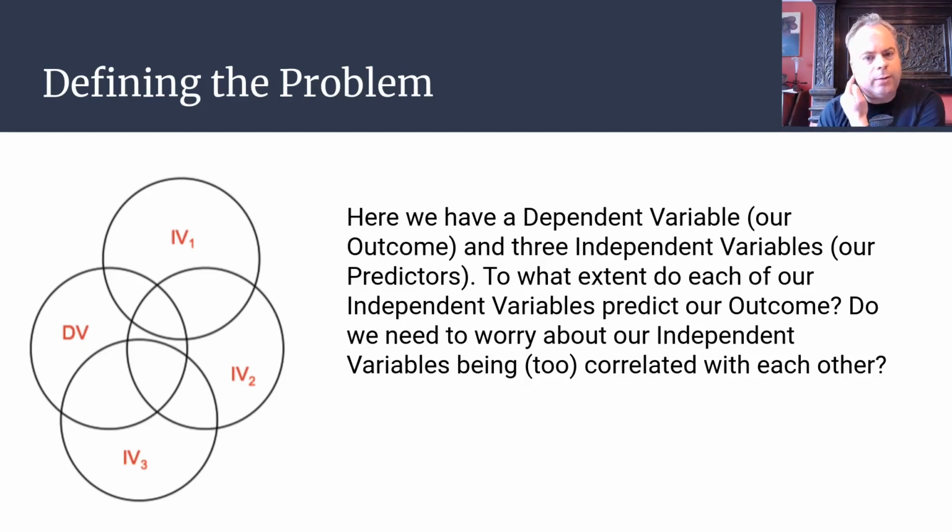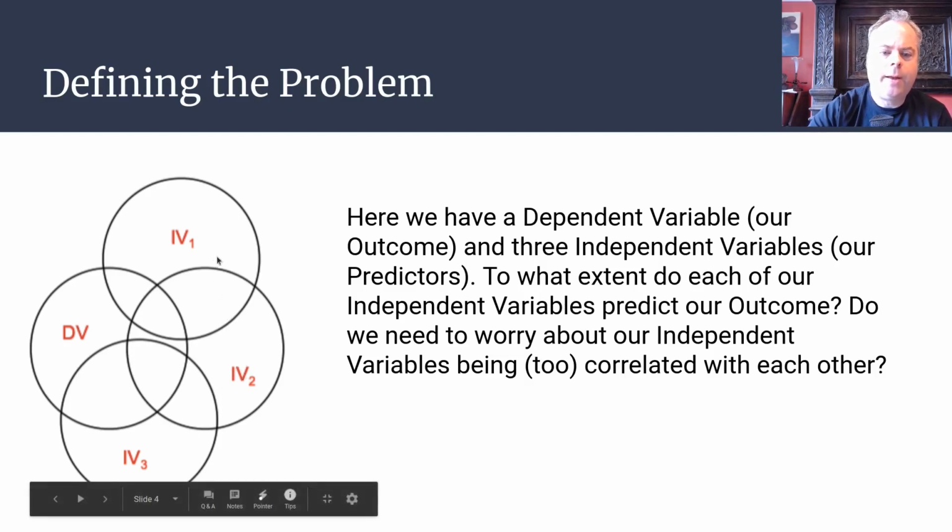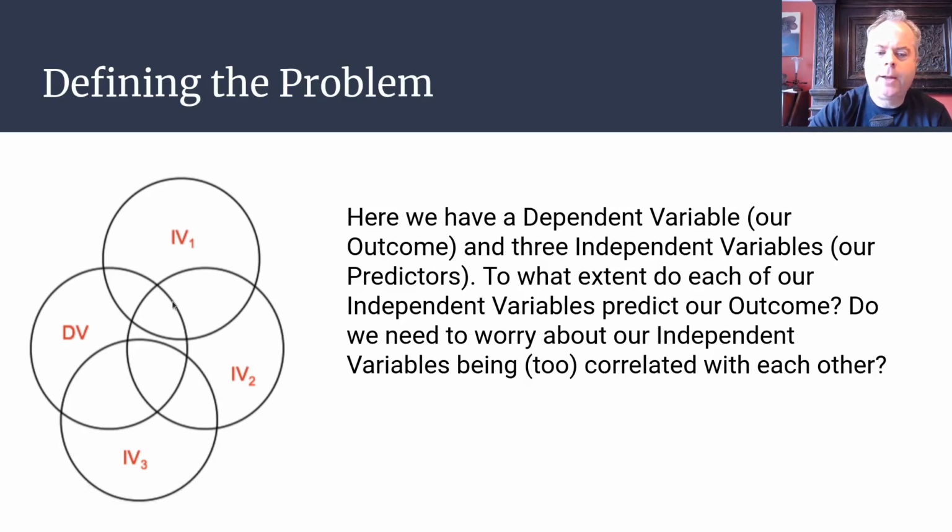So in the context of regression where we've got more than one predictor, we can think of it as, we've got a dependent variable or our outcome variable, just say over here. We've got three predictors or three independent variables. They overlap with each other to a little extent, or at least IV2 overlaps with IV3 and IV1, but three of them overlap with the variance in our dependent variable.